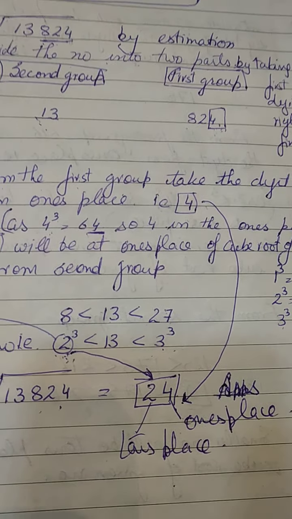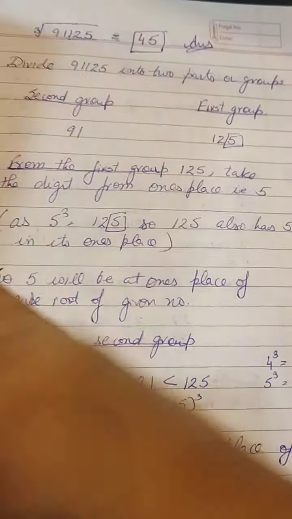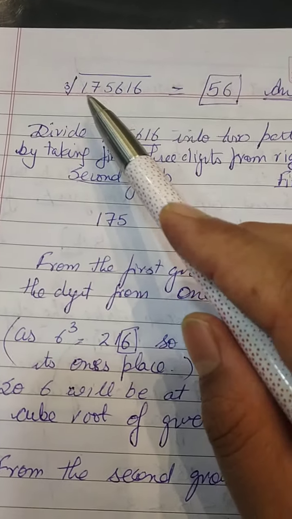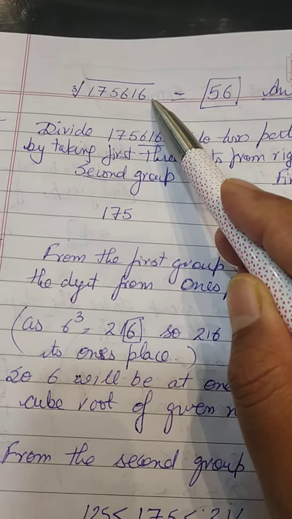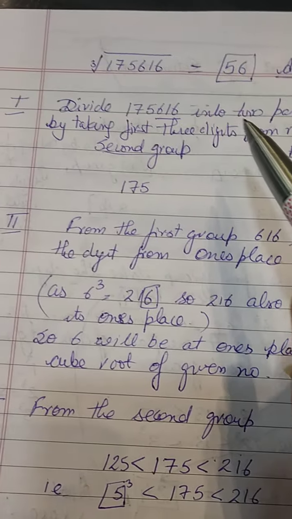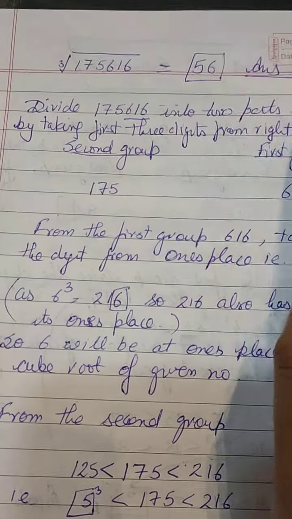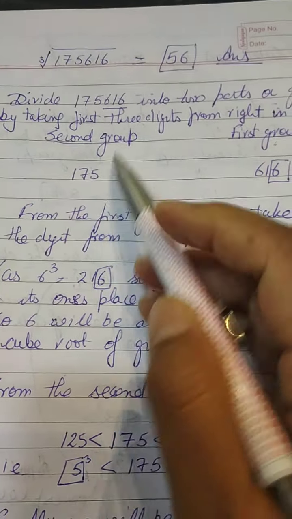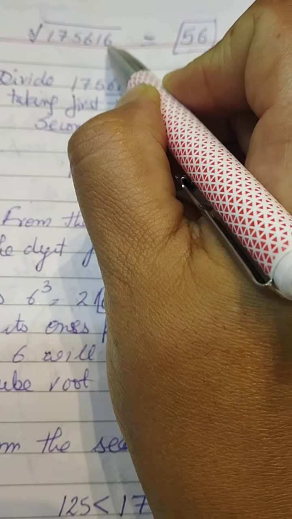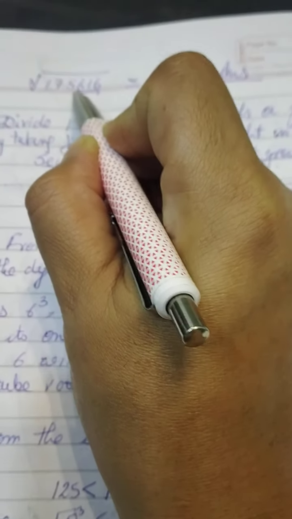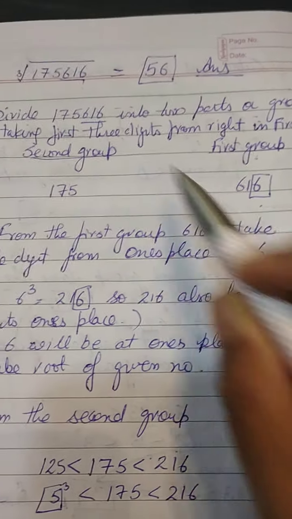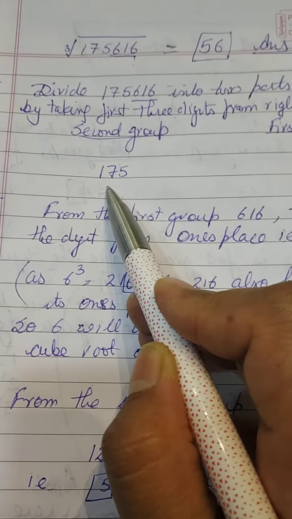Okay, is this clear? Now let us do one more example. You have to find the cube root of 175616. First, you divide it into two groups, first group and second group. The first three digits from the right you take in the first group and the remaining in the second group.